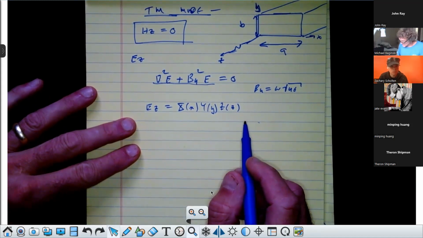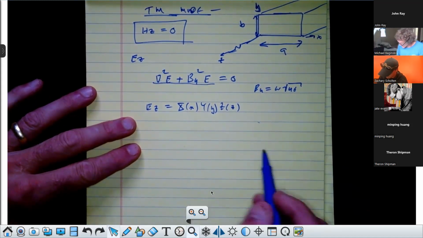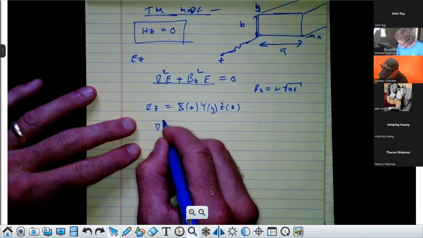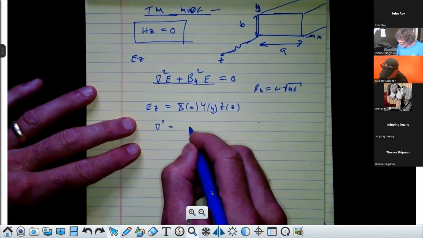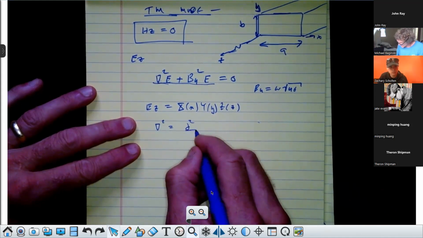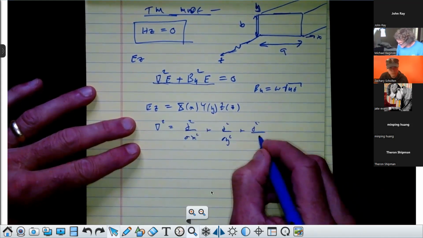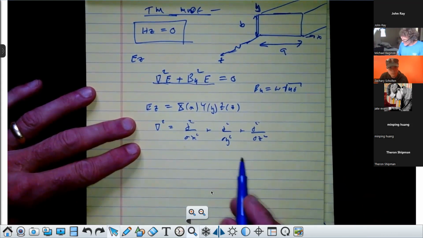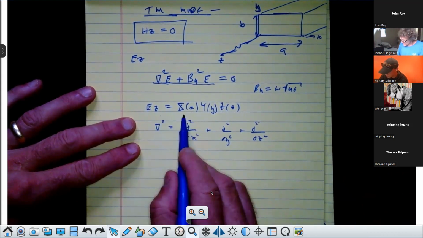Now, when we have the del squared operator, remember, del squared in general is equal to the second derivative with respect to x squared plus the second derivative with respect to y squared plus the second derivative with respect to z squared, and it's operating on this.